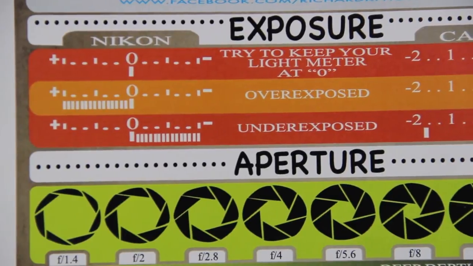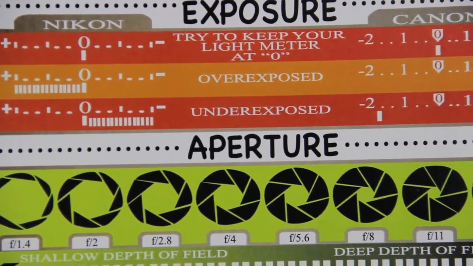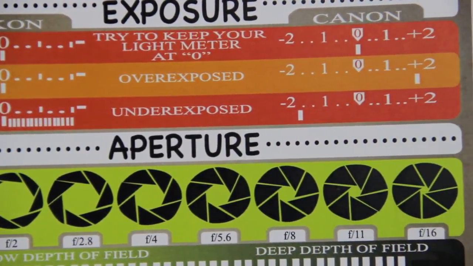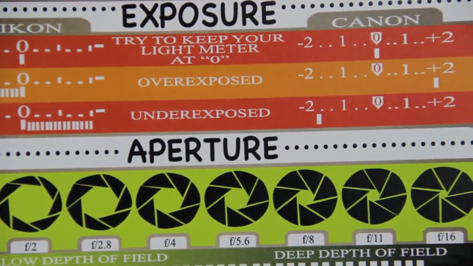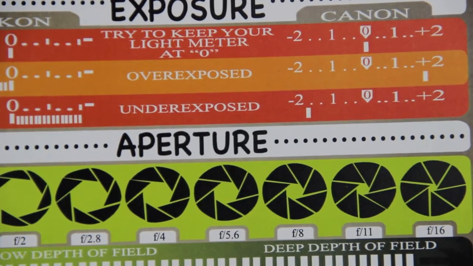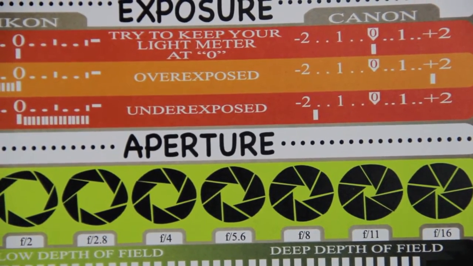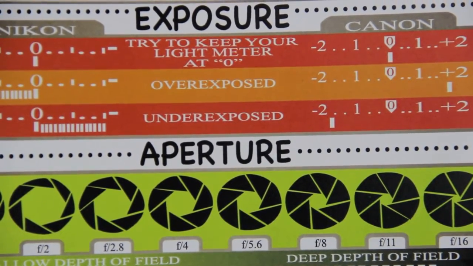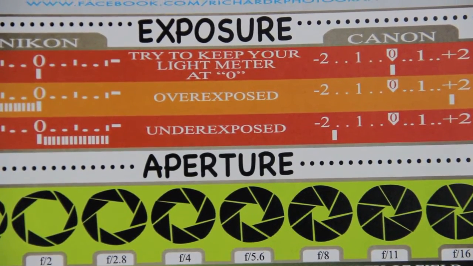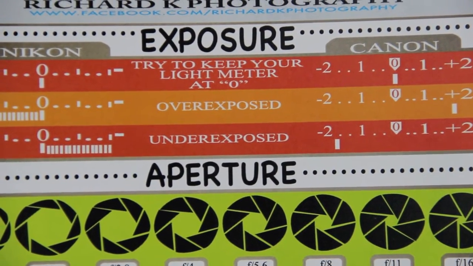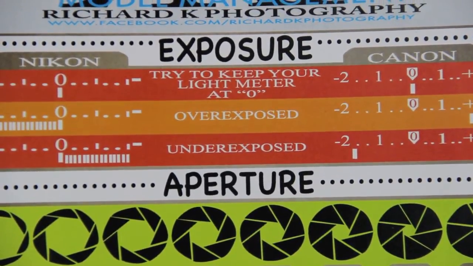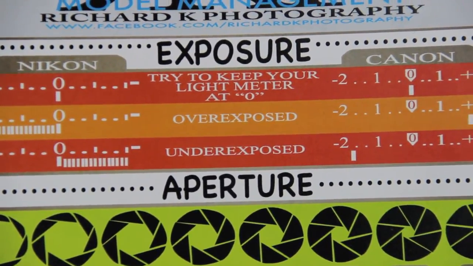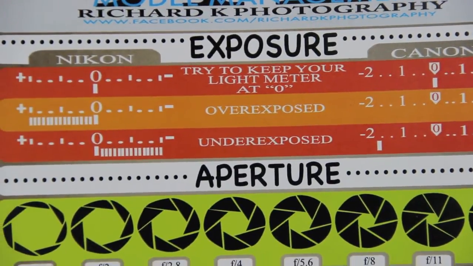If your lines are all negative, as you see the negative symbol on the Nikon and the -2 on the Canon, that means you're underexposed. If you were to take that photo, it should come out pretty much completely black. You wouldn't be able to see anything. Overexposed would be completely opposite, just a lot of light coming into your camera. So that's a quick explanation about exposure.